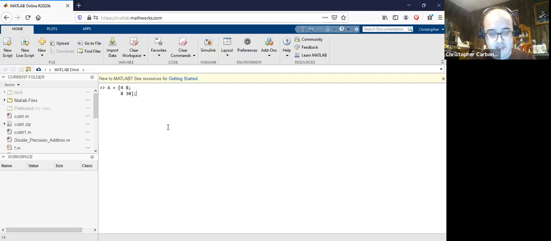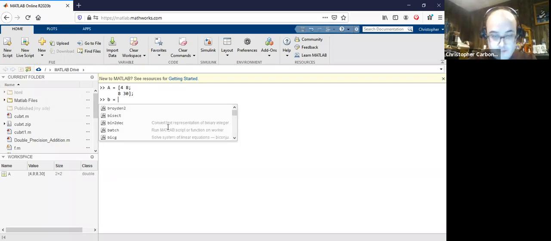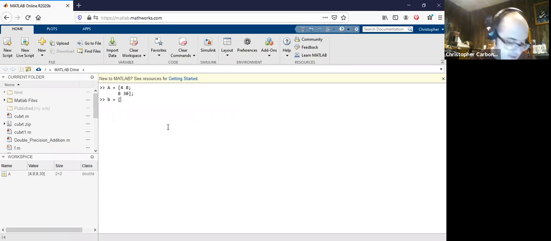And then we just end the bracket and put a semicolon so it doesn't print it out again. Our vector B, we are going to use a bracket, 12 semicolon, because we just have the one column, and 39. Again, I'm going to end the bracket and put a semicolon.